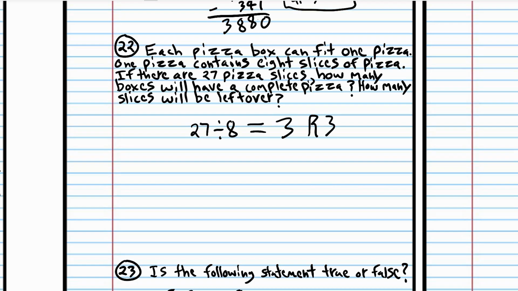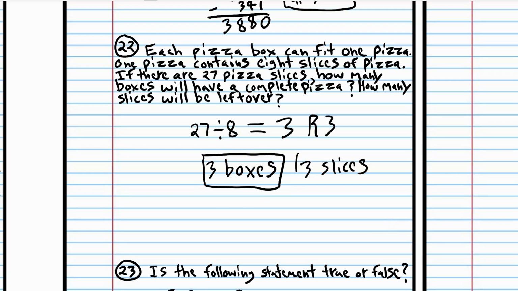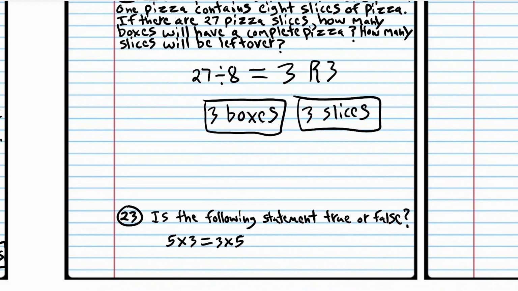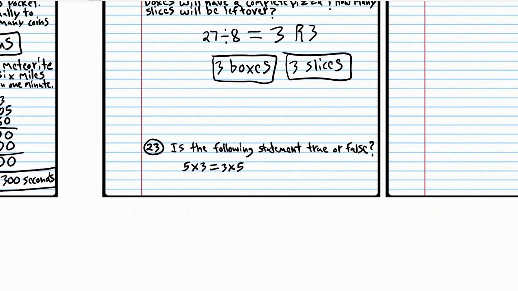So what that means is that 3 boxes are filled and 3 slices are left over. Again, I'm not going to make you write complete sentences. We don't really have time for that.